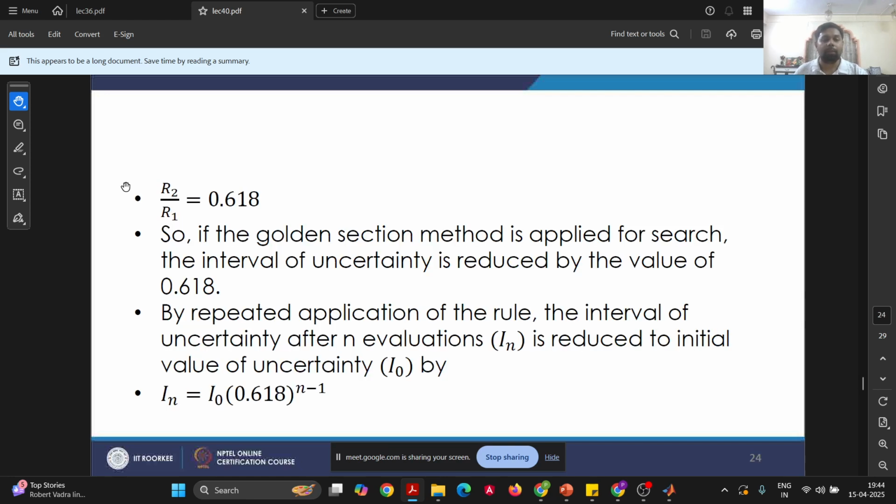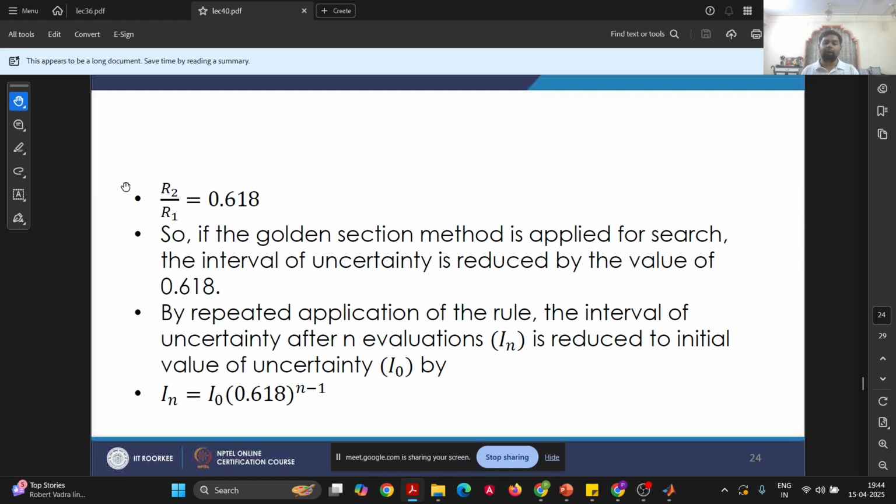So in each iteration we try to reduce the interval of uncertainty by a factor of 0.618, and by repeatedly applying this we reduce the uncertainty in the interval.